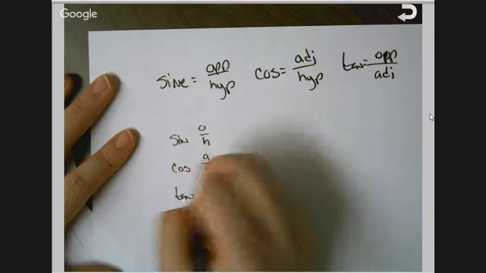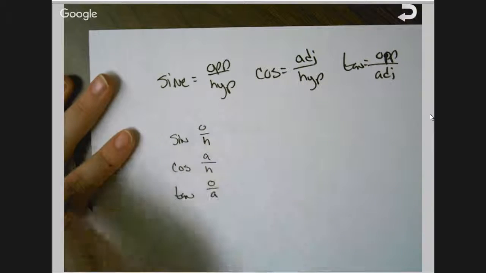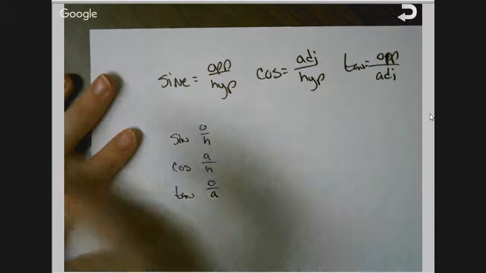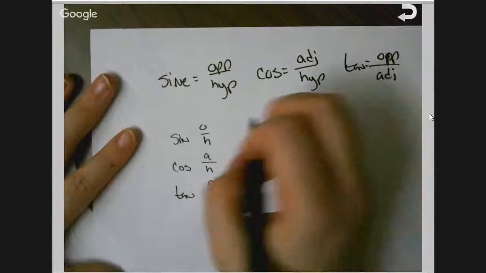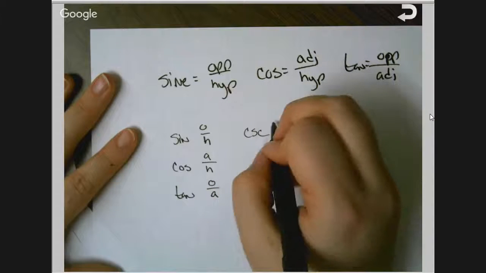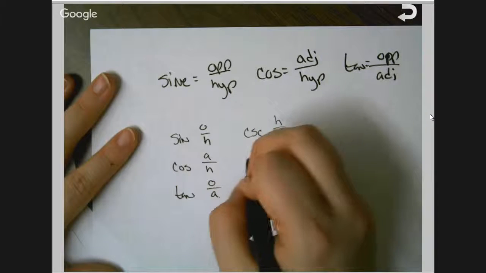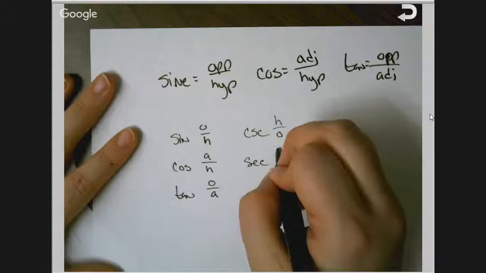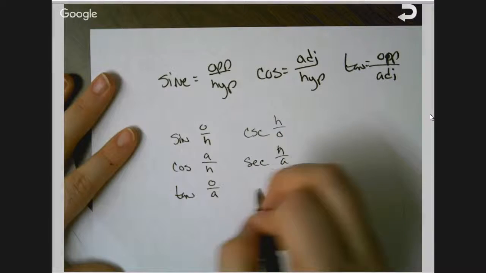Now, there's a couple of sayings, whichever one you want to use to remember it, or just know it. I don't care which way you go. But if you know sine, cosine, and tangent, you should also know cosecant, because it's reversed, secant, and then cotangent.